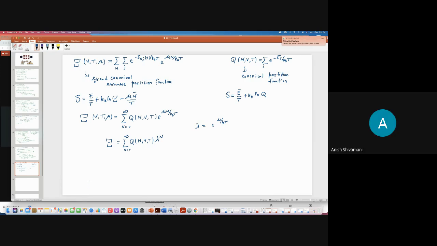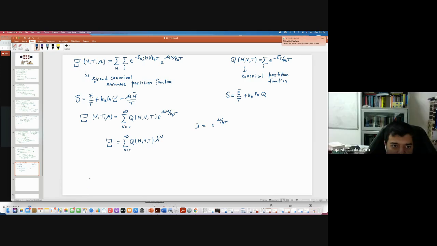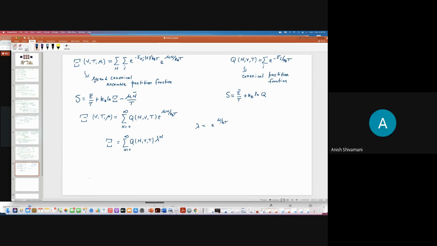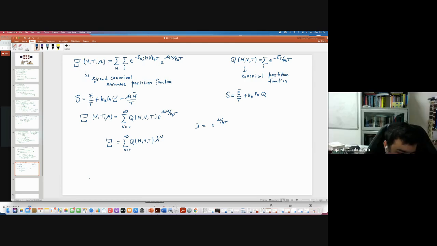Yes, sir. Now what is the thermodynamic function for this ensemble? Thermodynamic function means if I take the log of this partition function, I'll get some thermodynamic function. What is that? E minus TS minus mu N? Kind of, but yes, you're right, almost there. How do you know that?